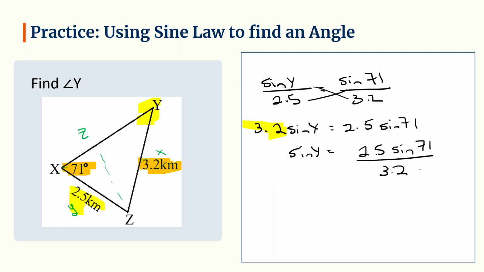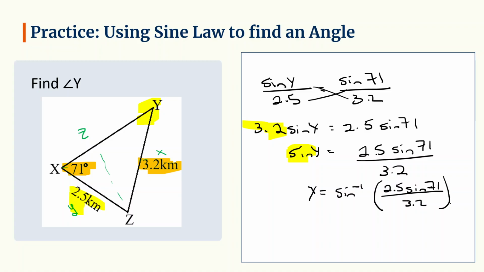Again, at any point you could have started using your calculator. I'm going to wait till the very end to use my calculator, which means my next step is to get rid of sine, because I want y. I don't want sine y. I want y, which means I need to do inverse sine on both sides. So it looks like this: sine inverse of 2.5 sine 71 over 3.2.